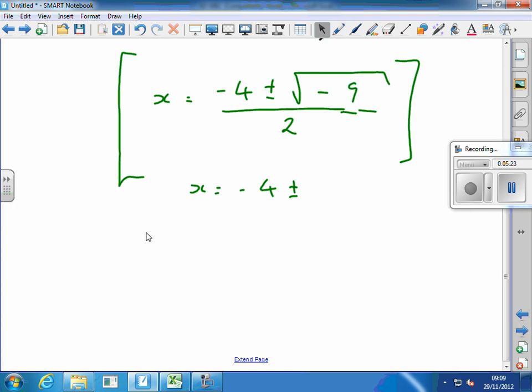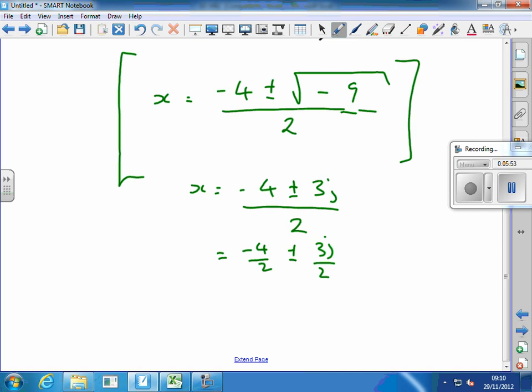Plus or minus, what's the square root of minus 9 now, using our imaginary numbers? So it's plus or minus 3 times the square root of minus 1, which is j, all over 2, which equals minus 4 over 2 plus or minus 3j over 2.